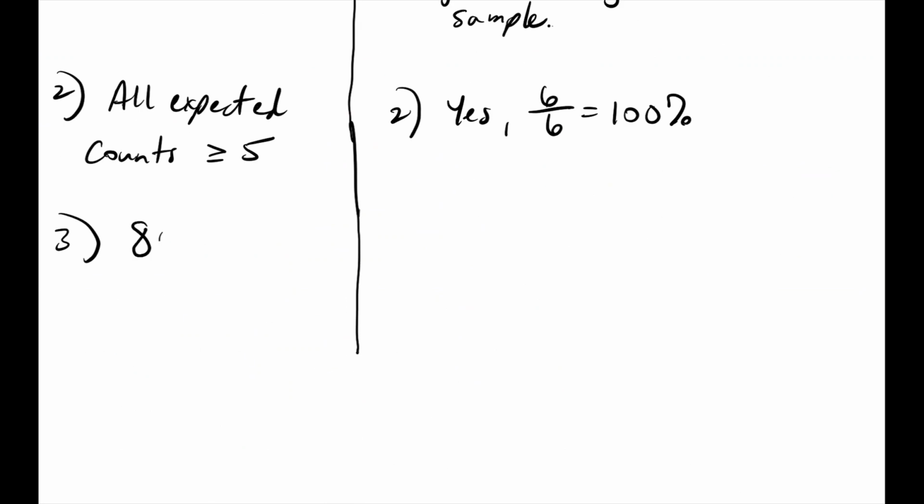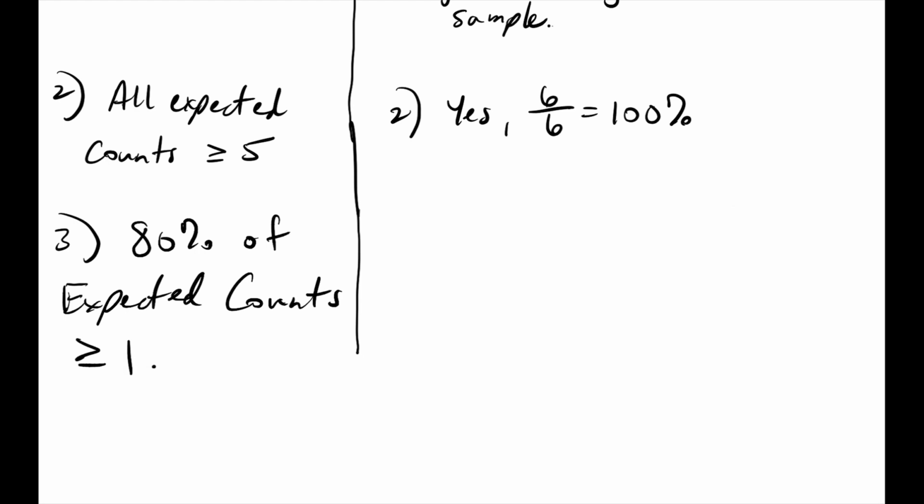So we say 80% of expected counts are at least 1, greater than or equal to 1. And yeah, if they're all at least 5, then 80% of them are going to be there. So we say yes, 6 out of 6 equals 100%.